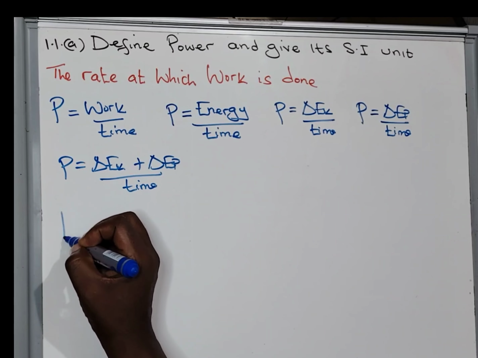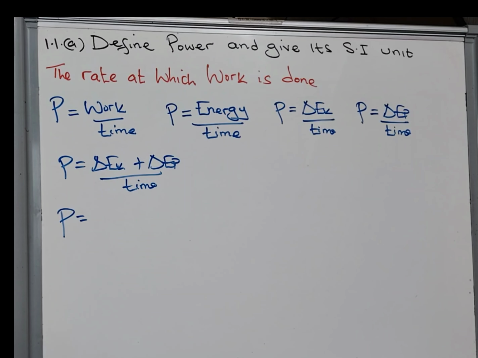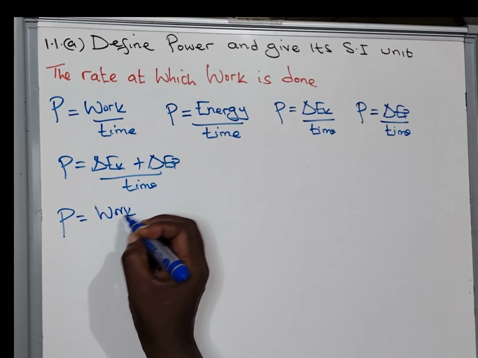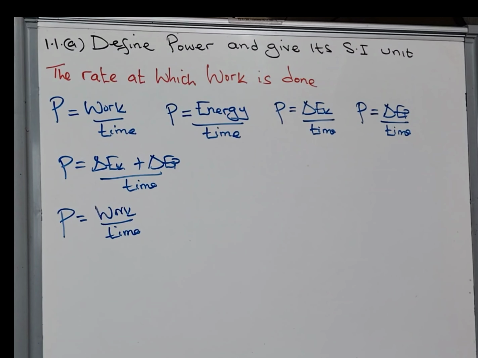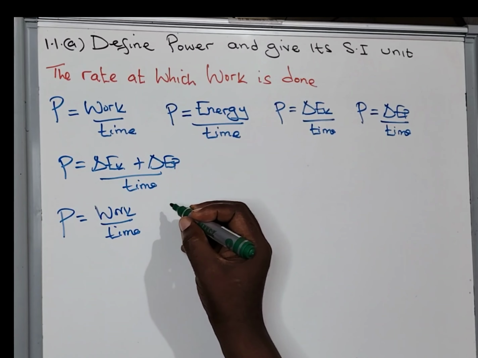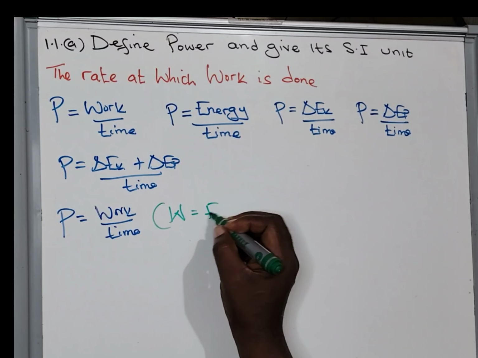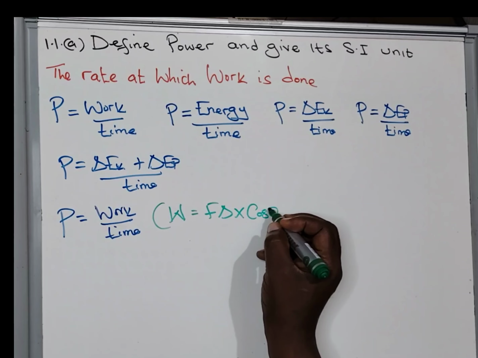We know that power is equal to work over time. But during the time when we were covering work, we saw that work is equal to F delta X cos theta.